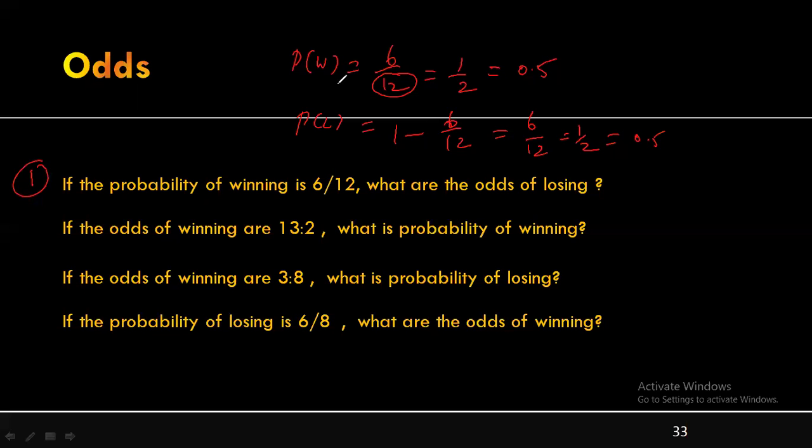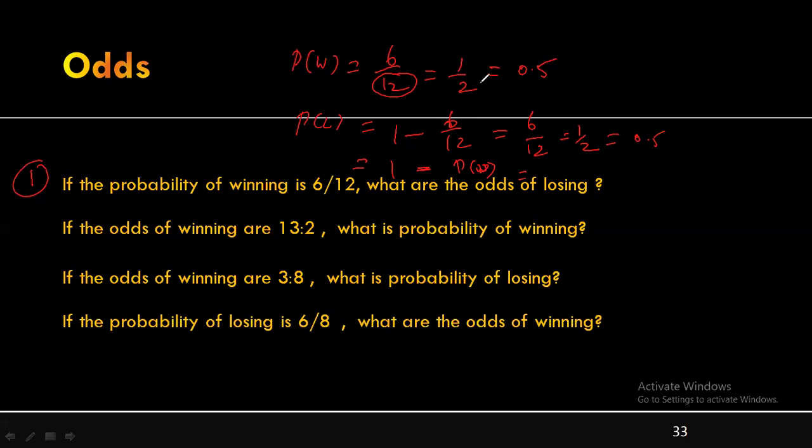Okay, Priya has a question. Why do we need to subtract 6 over 12 from 1? So what is 6 over 12 here? The probability of winning, right? If you subtract the probability of winning from 1, that is your probability of losing.